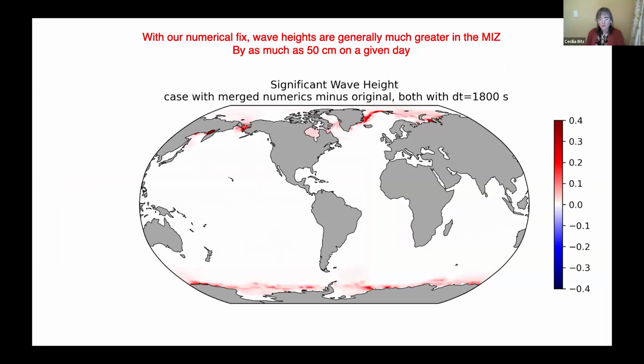And with this combination of terms, instead of separating them out, now we're getting much higher significant wave heights in the ice. And that is purely from a numerical choice. It's something like 50 centimeters higher at times. And wave heights of that magnitude in ice are pretty devastating.